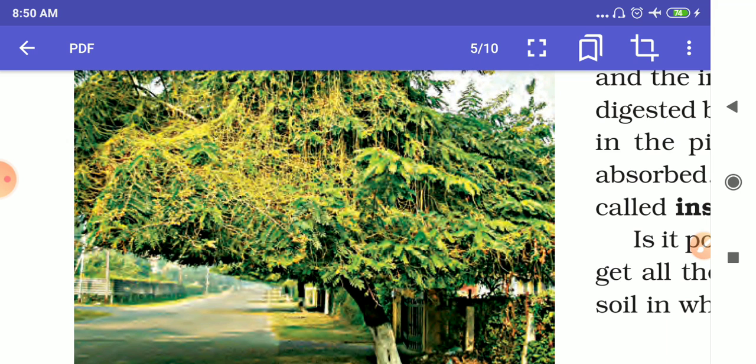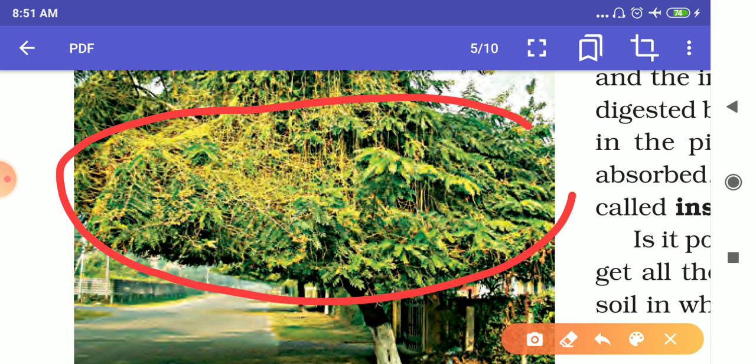One such type of plant is amarbel, or kaskata. Here you see, these amarbels attach themselves to the green plants and suck their nutrition from them.